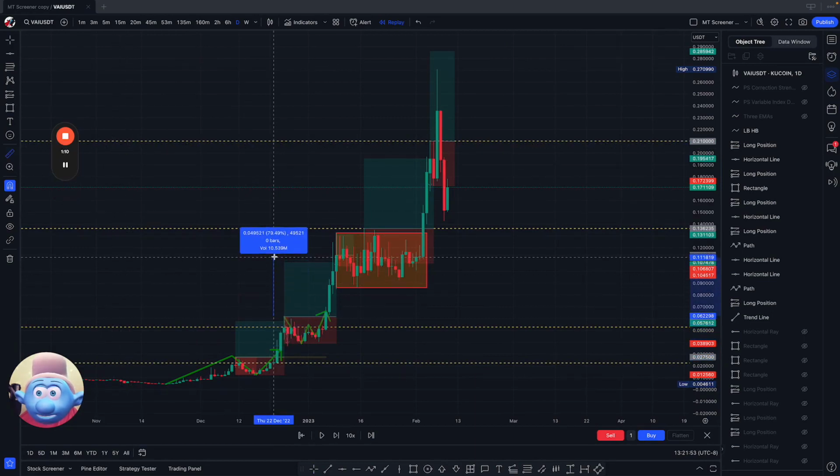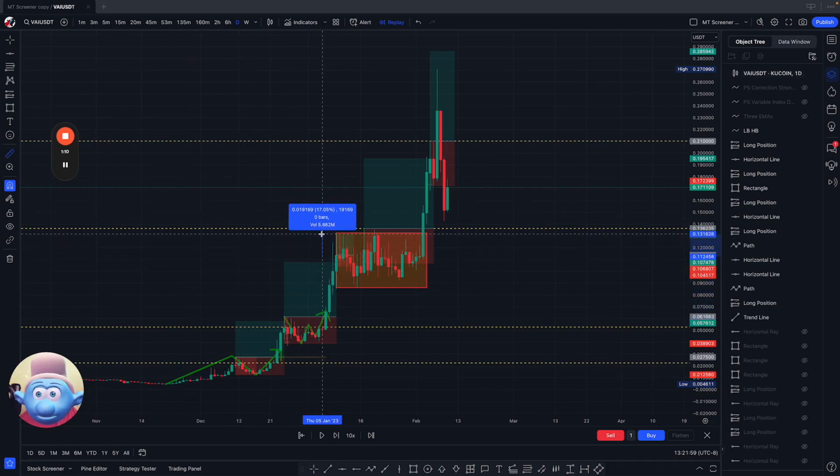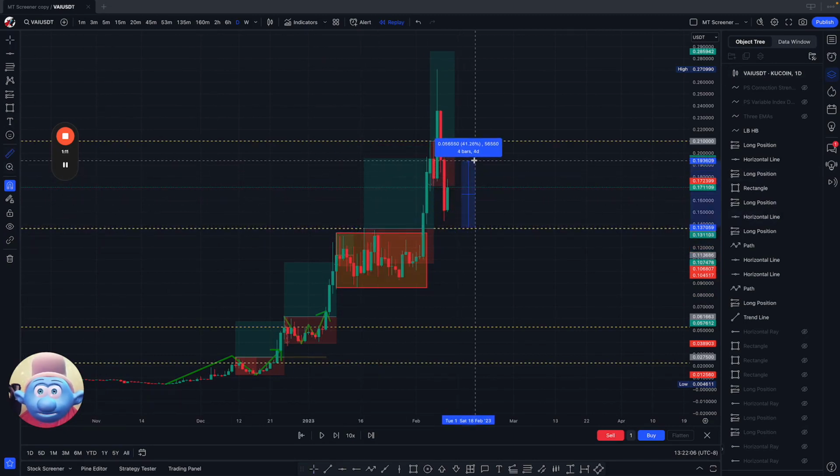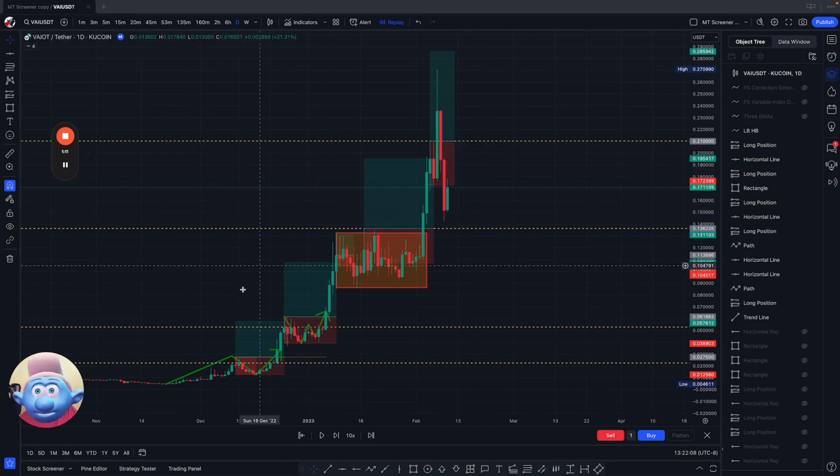This one, 75% on that one. This one, 17%. This one, 40%. So you would have had over 300, 400% in gains and then about 40% in losses. That's a pretty good setup.